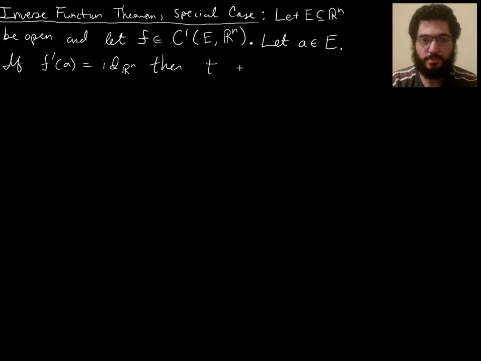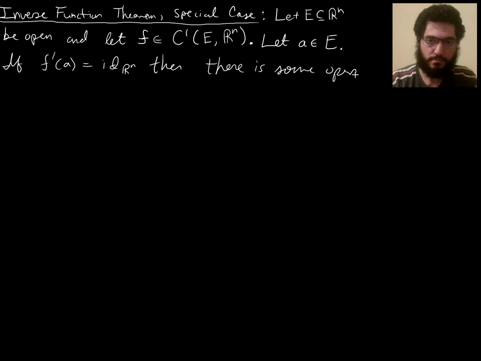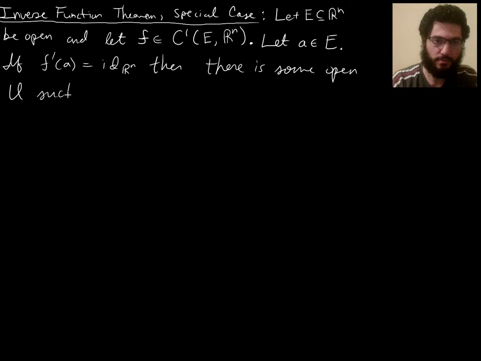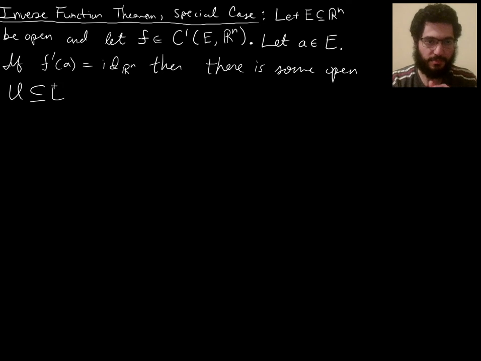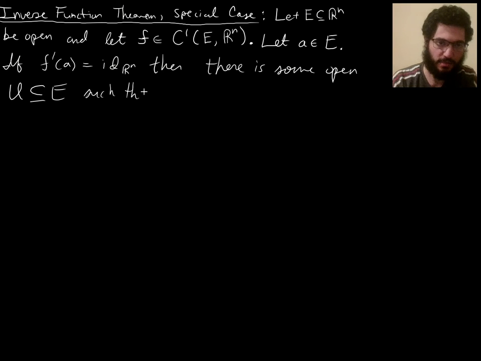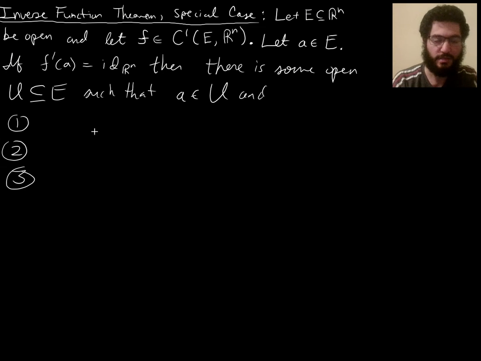there exists some open neighborhood, some open set U such that, let me write it like this: U is a subset of the domain of F, such that it's a neighborhood of A, and the way we've been writing it is there's these three conditions, 1, 2, 3, that hold.